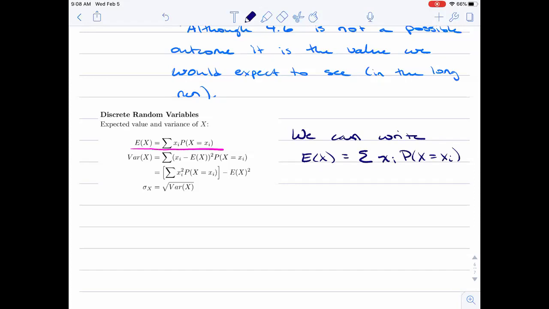This assumes that we have a probability distribution, right? And so I have to give you a probability distribution to make you find the expected value this way. We can also find the variance, and I actually like the second version better.